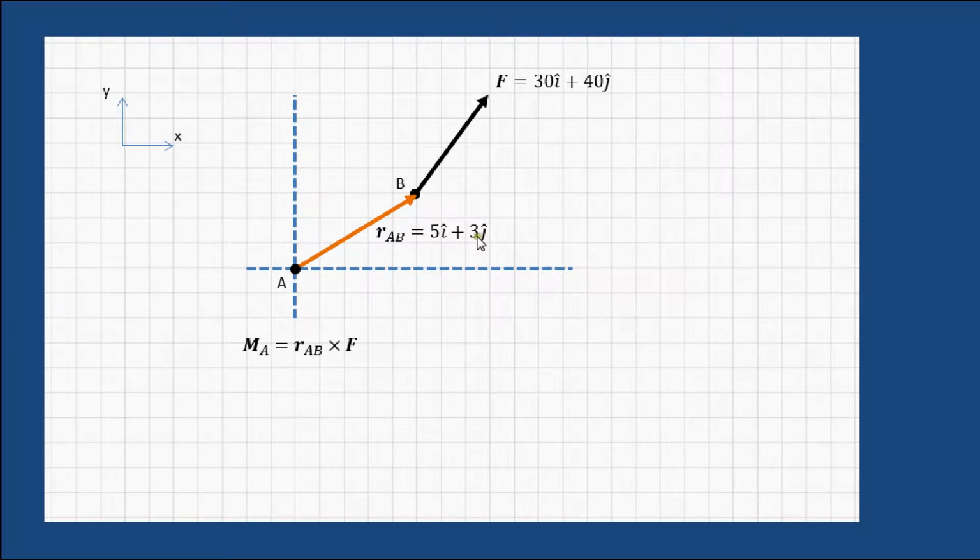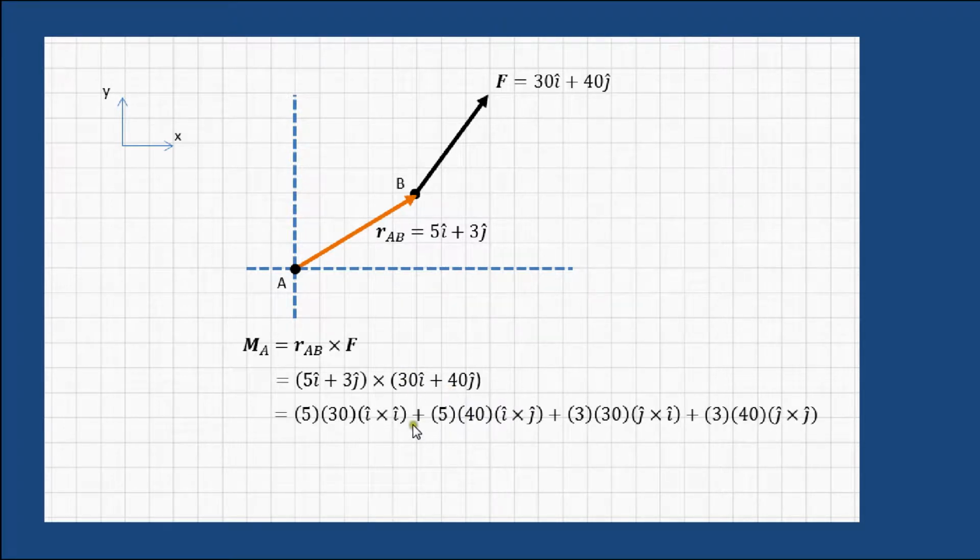Now we use the vector definition of the moment. So we take the moment about point A equals the cross product of the position vector with the force vector. In this case, we can write it out: this is the position vector 5i plus 3j crossed with the force vector of 30i plus 40j.